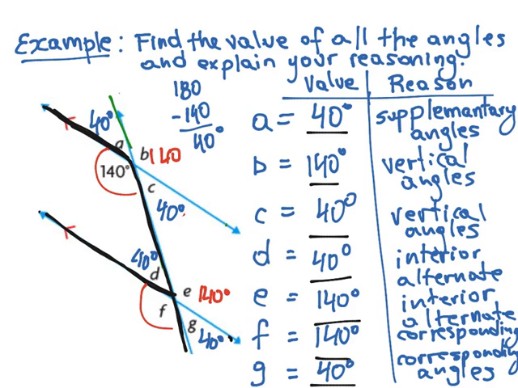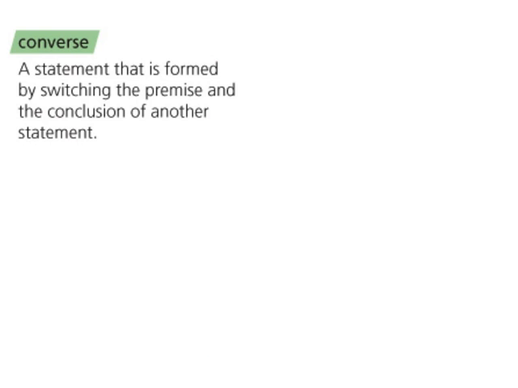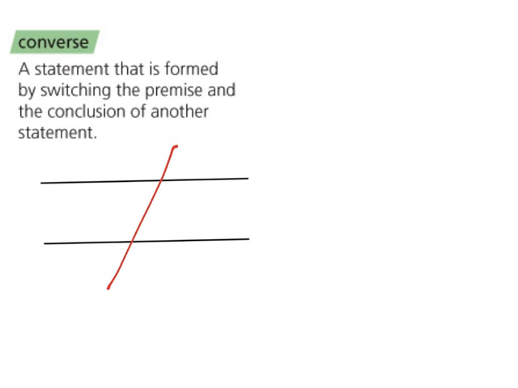So there's one more definition that I want you to learn, which is the word converse. It's a statement that is formed by switching the premises and the conclusion of another statement. So far, I've taught you that if we have two parallel lines, so here they are, we have a transversal, and since we have two parallel lines, the interior alternate angles, so let's just draw the Z pattern.